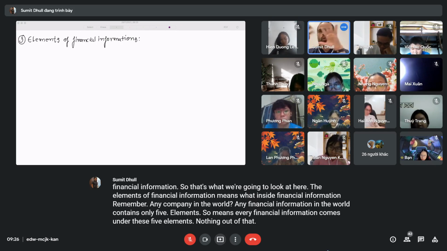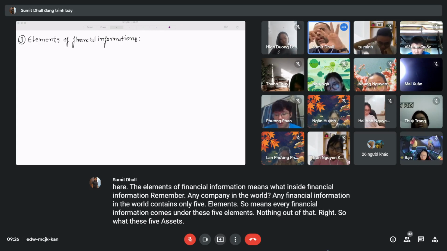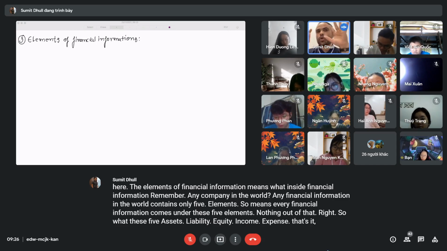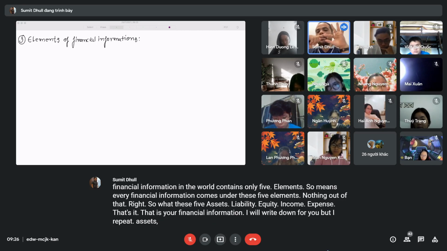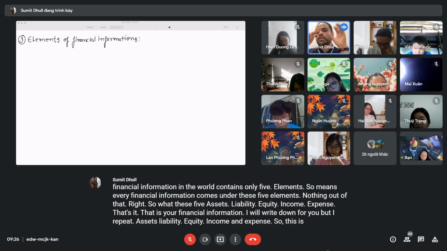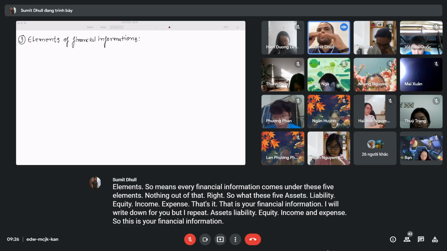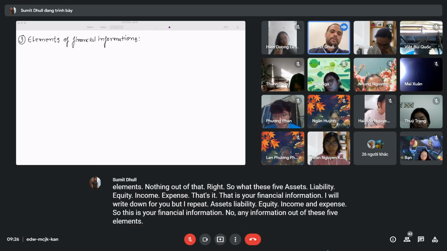All right. So what are these 5? Assets, liability, equity, income, expense. That's it. That is your financial information. I will write it down for you, but I repeat: assets, liability, equity, income, and expense. Any information falls under these 5 elements.